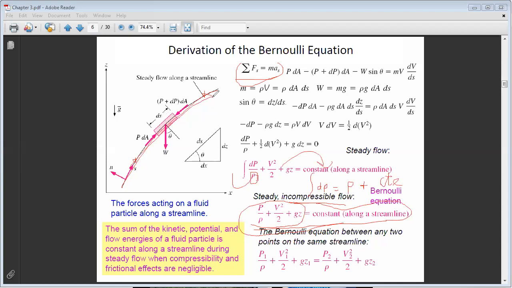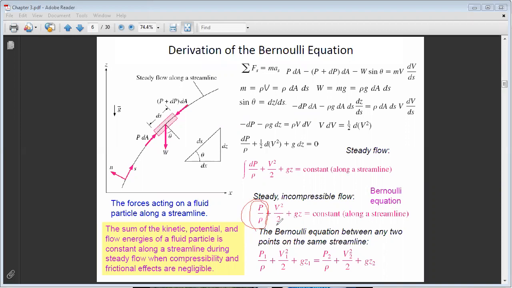And how can I interpret physically this equation? I can relate each term to a certain energy. P over rho is related to the energy of the fluid due to the pressure of the fluid. V squared over 2 is related to the kinetic energy, and gz is related to the potential energy.